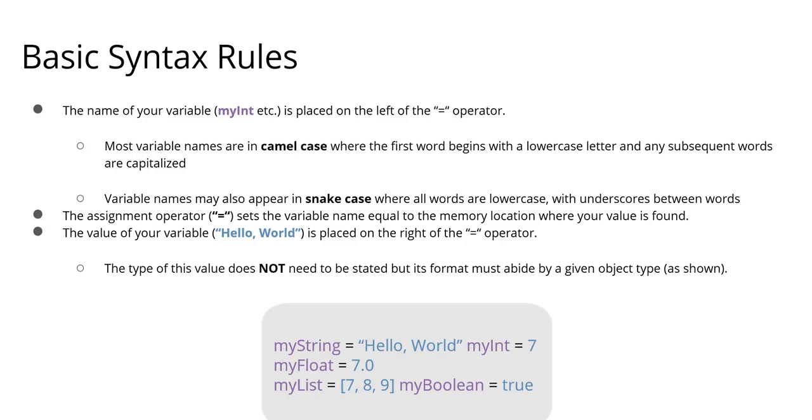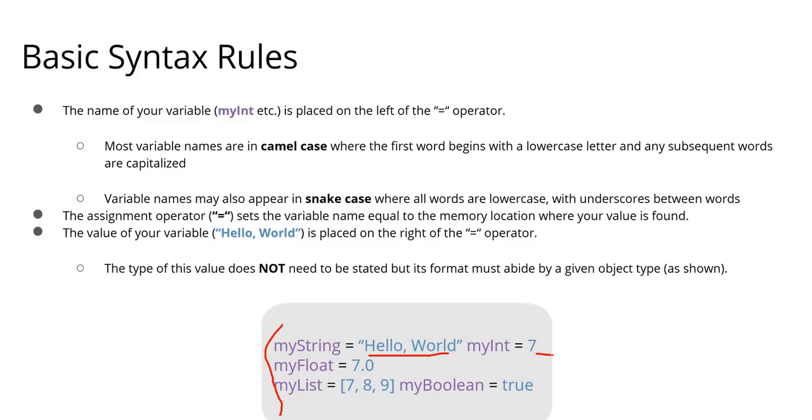Apart from this, we are talking about the basic syntax rules. The name of your variable, like myInt, etc., is placed on the left of the equals operator. As we can see in the actual syntax of Python, myString is equal to "hello world", myInt is equal to 7, the total number of length.